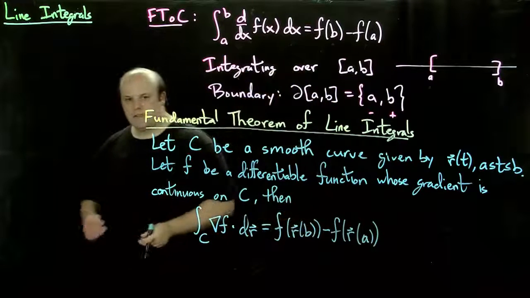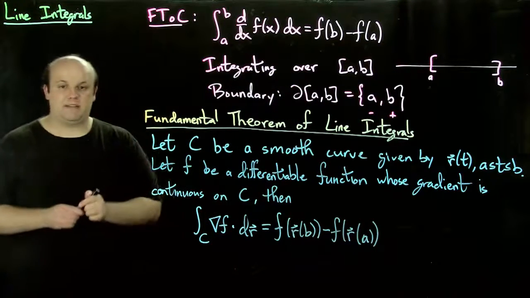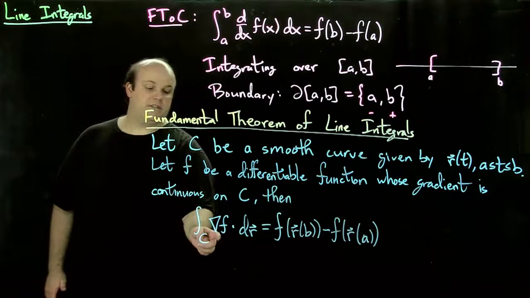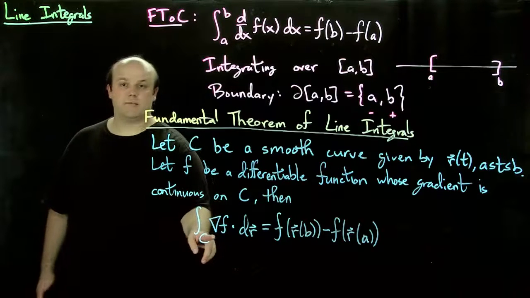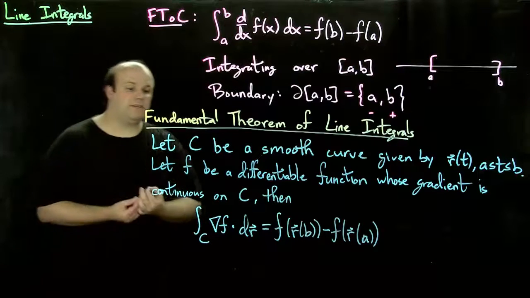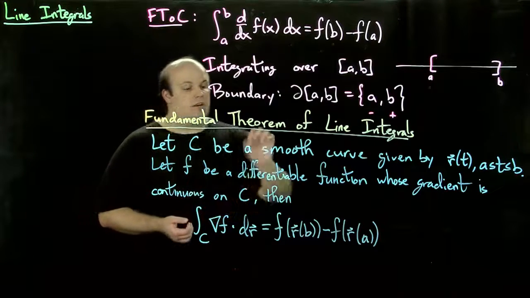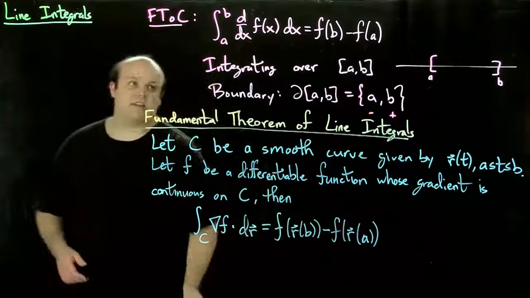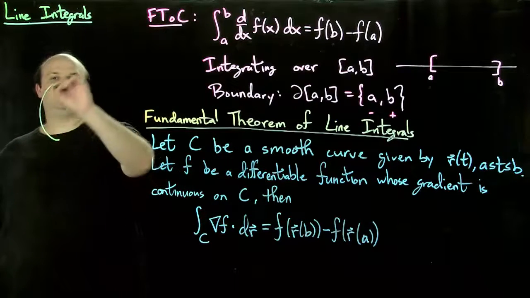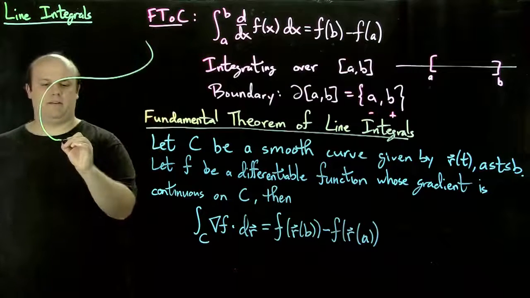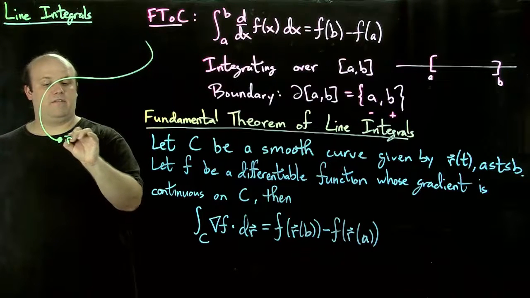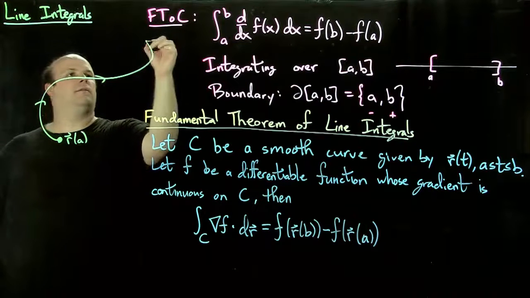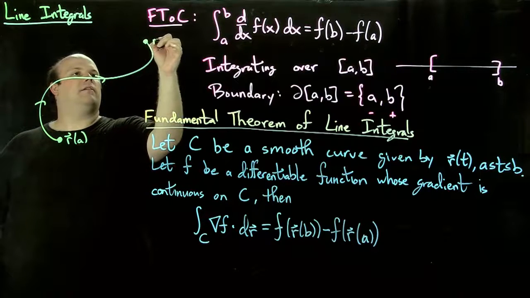Right? So we see that same thing. We switched the derivative, which in this case is the gradient, of the function for the boundary of the curve C. So that curve C is just floating around here. And here we have r of a, and it goes this way, and it ends at r of b.